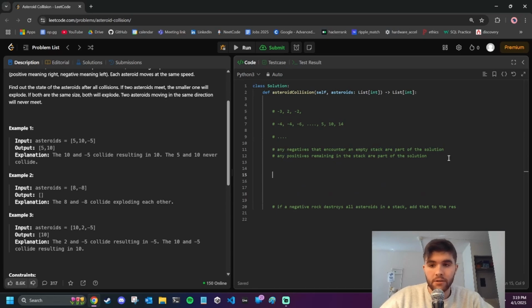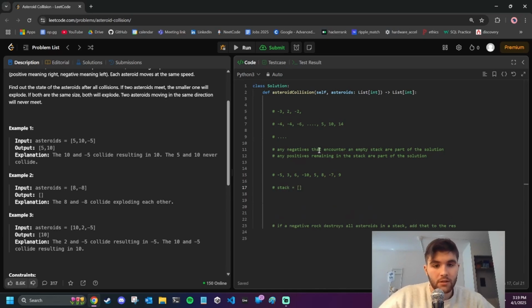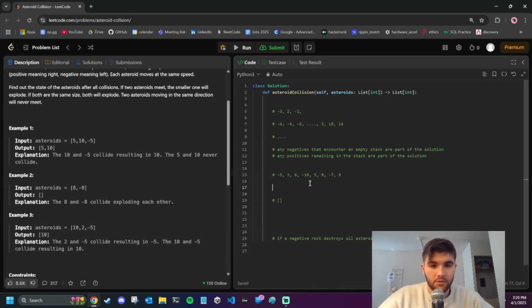Okay, so let's say a random example: -5, 3, 6, -10, 5, 6, let's say 5, 8, -7. Let's say something like this. Okay, and then we have our stack, and then we have our solution. Our solution will be just an array.